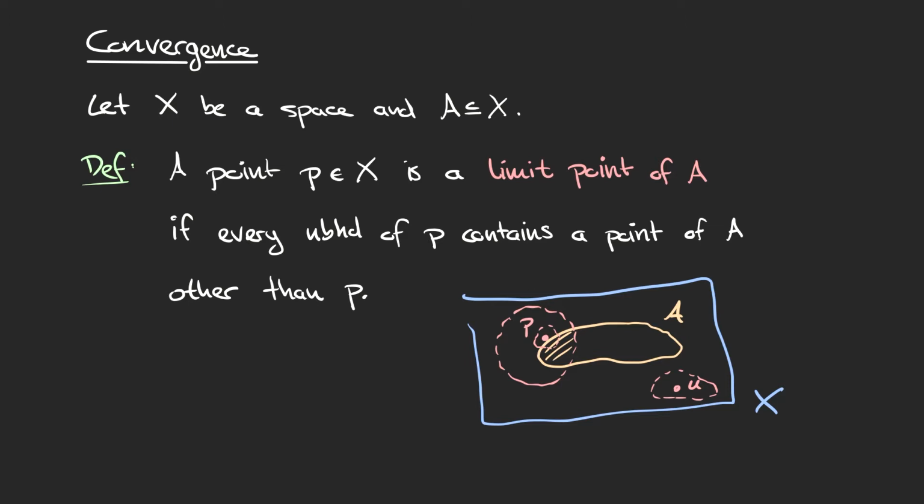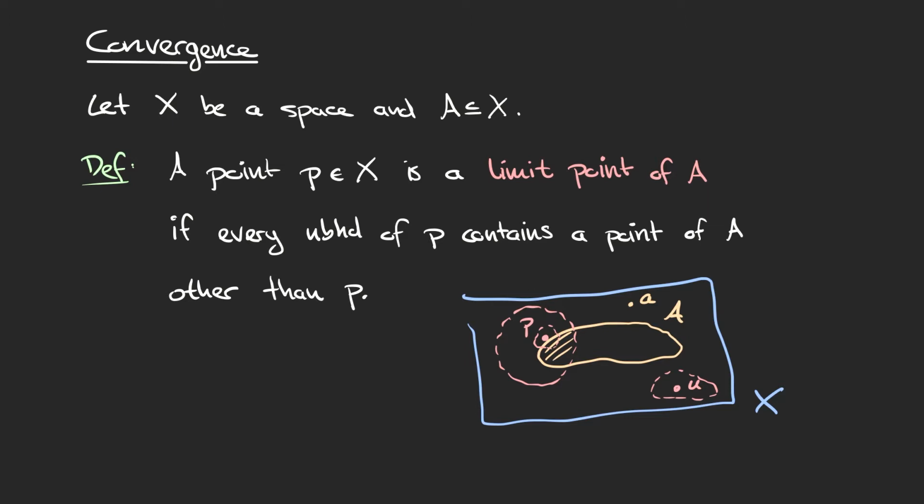So if we suppose that this orange point out here, which I'll call small a, is actually part of the subset A, then we could ask if this point small a is actually a limit point of A. Previously, we were just considering points that were outside of the set A, but now we're considering a point that lies within the set A. And this could also be a limit point if it fulfills the condition in the definition.